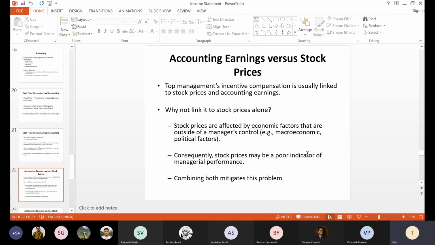But the long-term orientation is that the company, by spending on that R&D, maybe it is risky, but still the value of the company will go up because the market will feel that yes, the company is investing in some good project and maybe it is going to give a very good return in future, and the value of the share will go up. And as top management, your return is also going to be high.